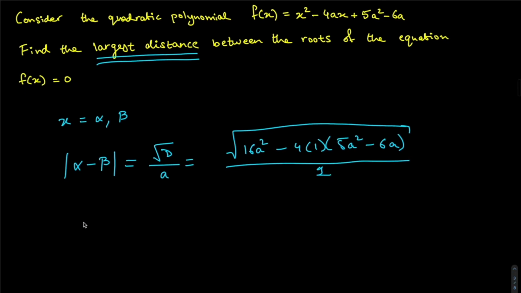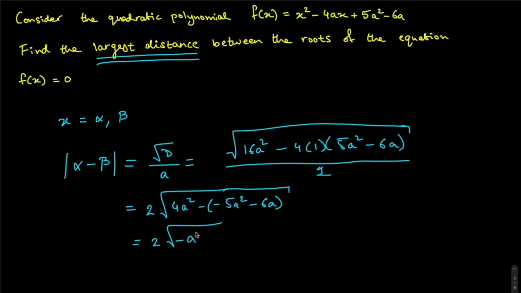Simplify this a little bit more. α − β will be, I won't write this every time, something like 2 times the square root of 4a² − (5a² − 6a). Simplify this a little more, and I'm going to have −a² + 6a. Okay, so now this is my final value.